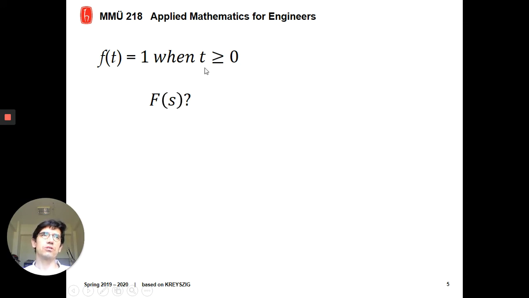You will hear this terminology in your control classes quite a bit. Range of convergence means, as we will see later, you need to define for which range of the variable your Laplace transform is valid, because for some values the Laplace transform will diverge, but for some it will converge.